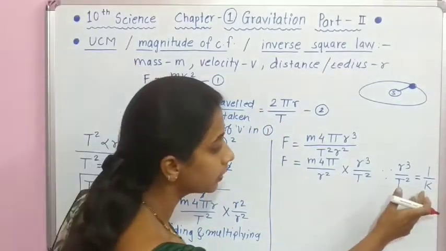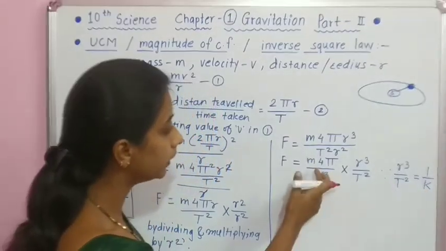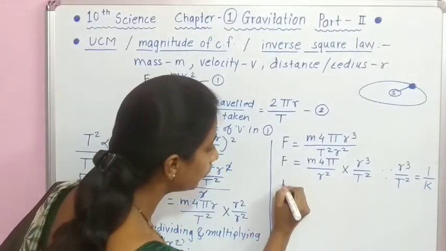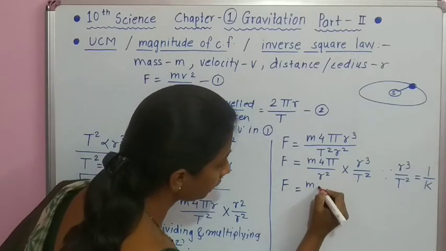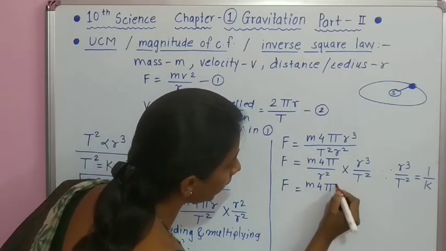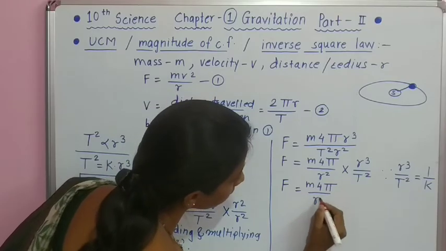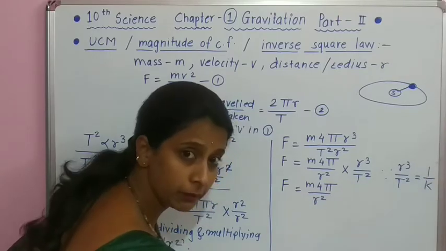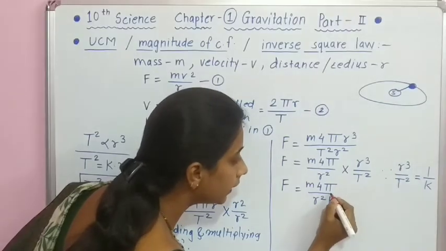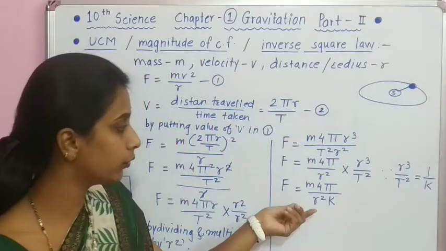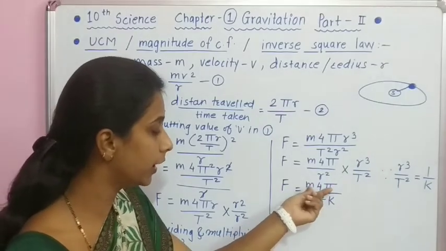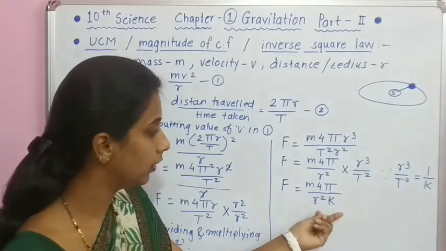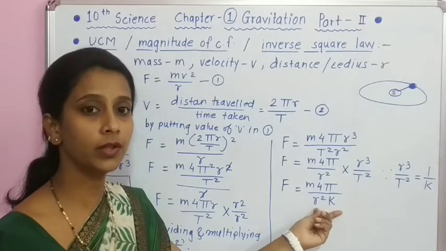Now students, we will put this value in this. So what does it become? F equals m 4 pi upon r square, and 1 upon k means we write k in the denominator. So the final will be F equals m 4 pi upon r square into k.